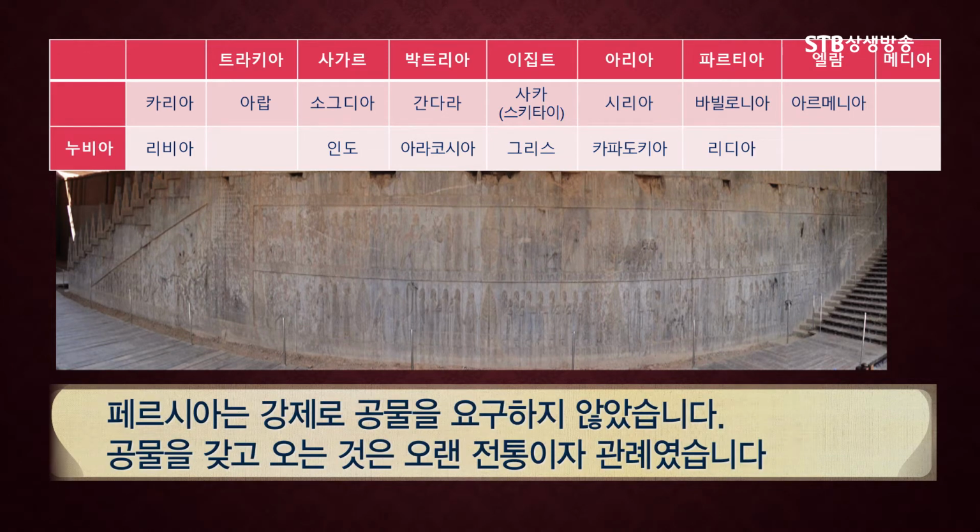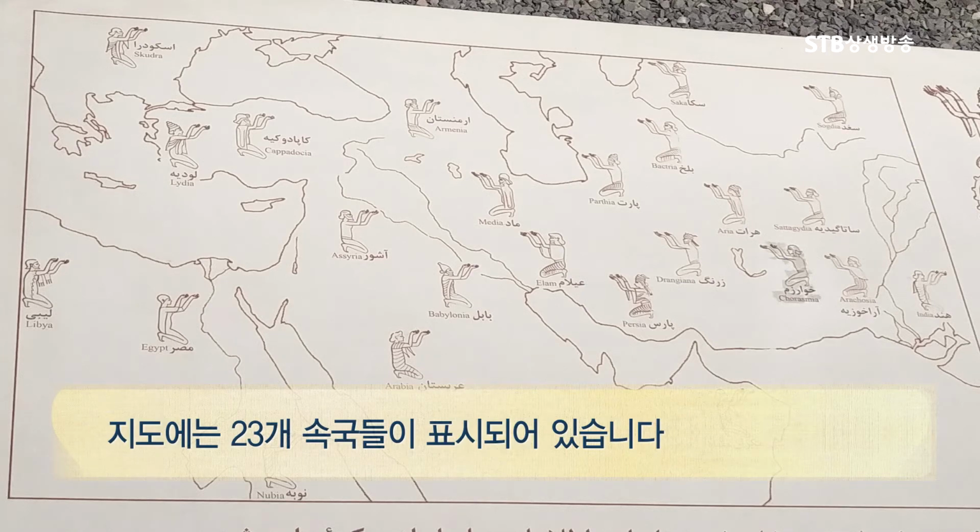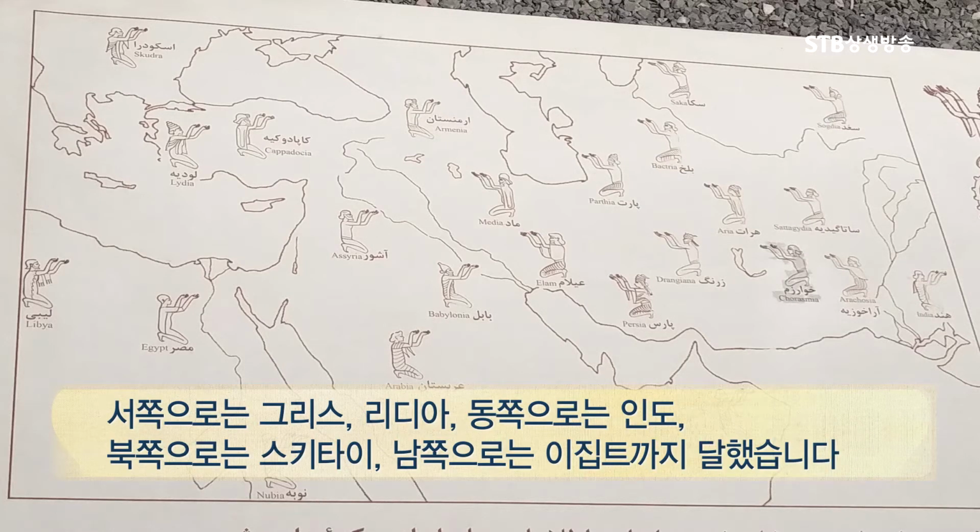Actually, it was not mandatory, but it was the great tradition to bring their own souvenirs and gifts to the king. You can see the location of all nations, from west, Greek or Lydians, to east, India, north, Saka, and to south, Egypt.